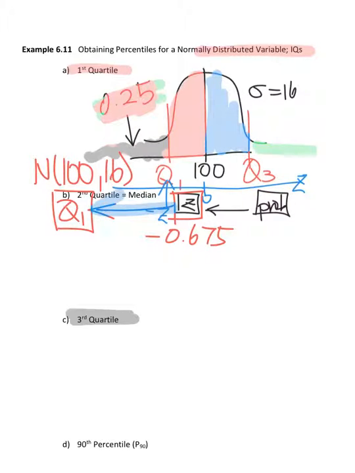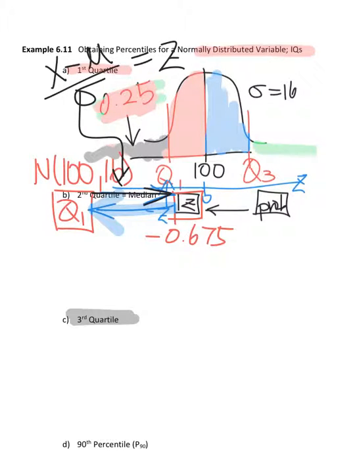When we go this way, we take off the mean, divided by sigma, to get the z-score, right? But now we need the reverse one, to get the x-score.